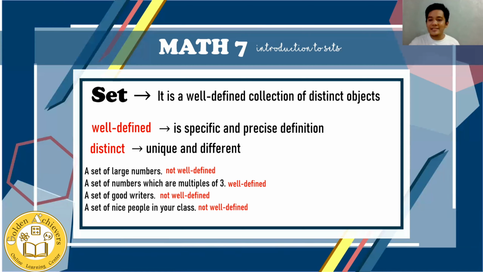Let's have a last example. A set of subjects in junior high school. Do you think this is well defined or not? Very good. It is well defined because we can easily identify what the subjects in junior high school are. So we have Filipino, English, Math, Science, Araling Panlipunan, ESP, TLE, and MAPEH.